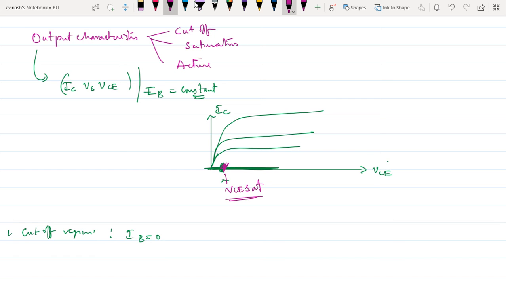That implies IB is equal to 0 and to the right of VCE equal to VCE sat.